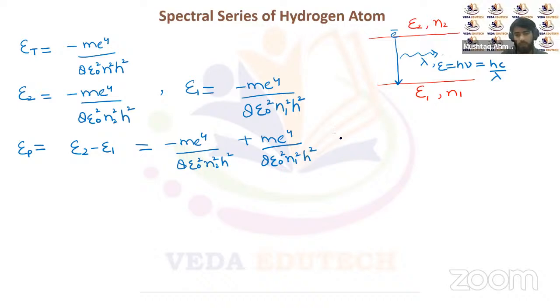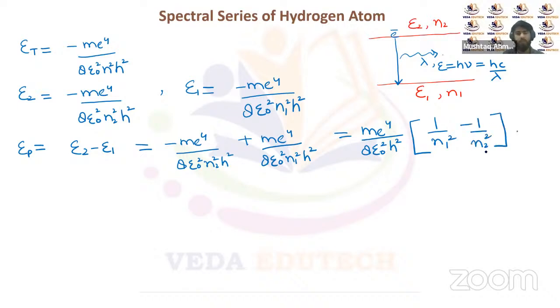So we'll take me to the power 4 upon 8 epsilon naught square h square as common, and we'll be left with 1 upon n1 square minus 1 upon n2 square.